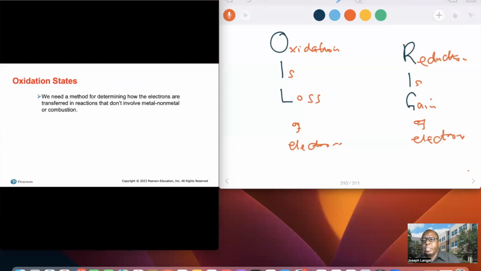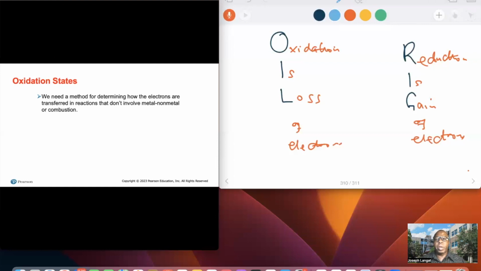Now, in order to understand how many electrons are being transferred, or if oxidation is taking place, sometimes you may be given a chemical equation and asked what type of reaction this is. Is this single replacement? Is it double replacement? Is it decomposition? Is it combination?